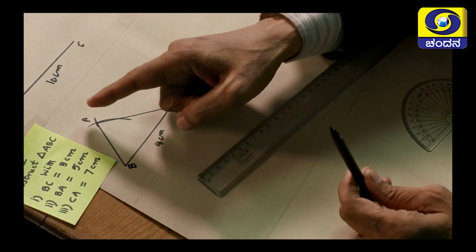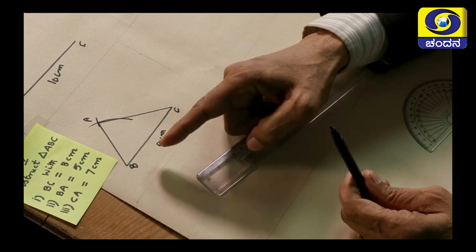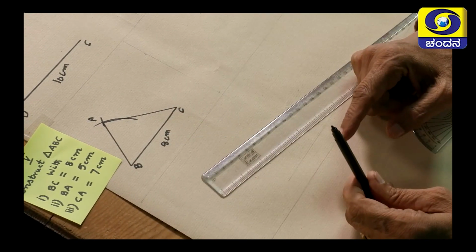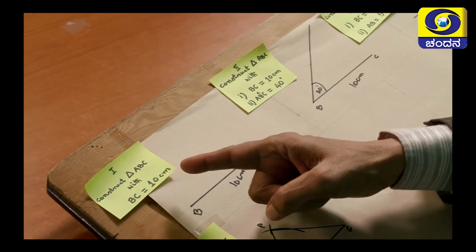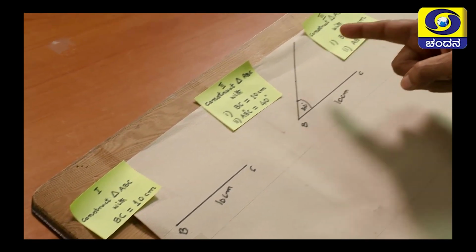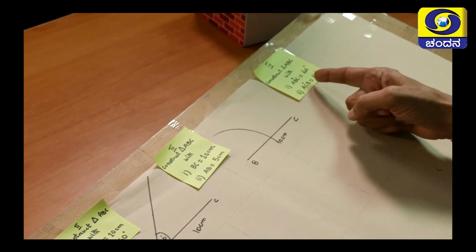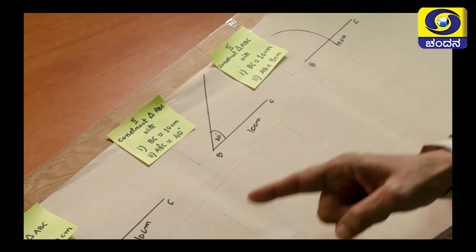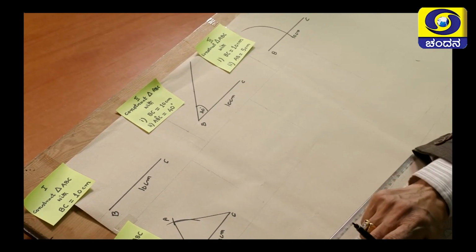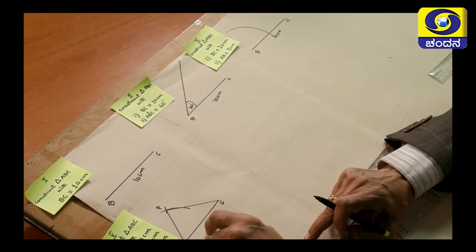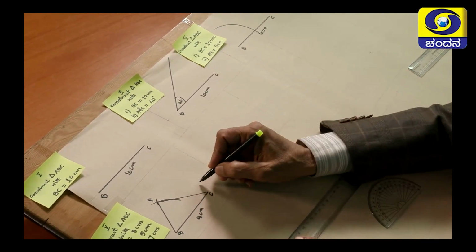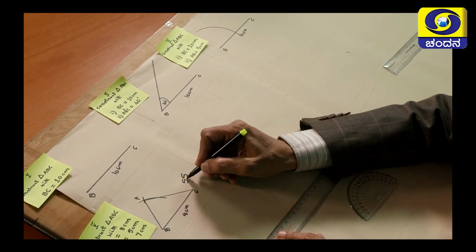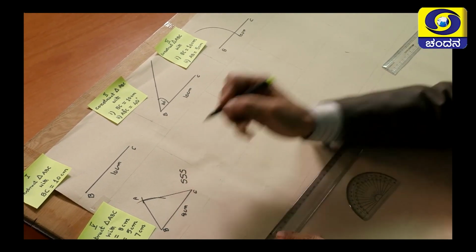Okay, so if 3 elements are given out of 6 elements, then only is it possible to construct a triangle. If just 1 element or 2 elements are given, it is not at all possible. Say if 3 sides of a triangle are given, then we can construct a triangle. Let us remember this as yes for sides.